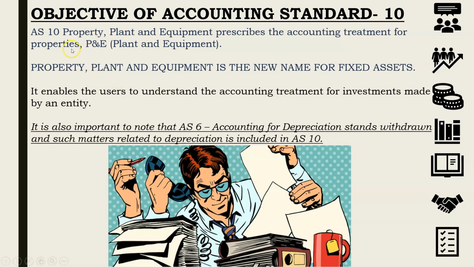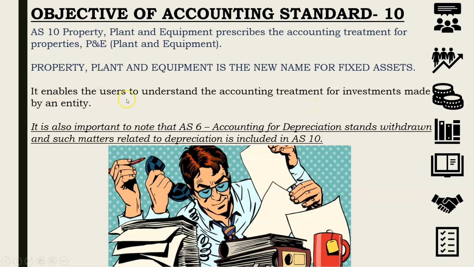So Accounting Standard 10 will tell us how we treat property, plant and equipment, their purchase, in our books of accounts. Property, plant and equipment is the new name for fixed assets. Earlier, Accounting Standard 10 was named accounting for fixed assets, but now the new name is property, plant and equipment. They are just synonyms, so there is no need to take that to heart.